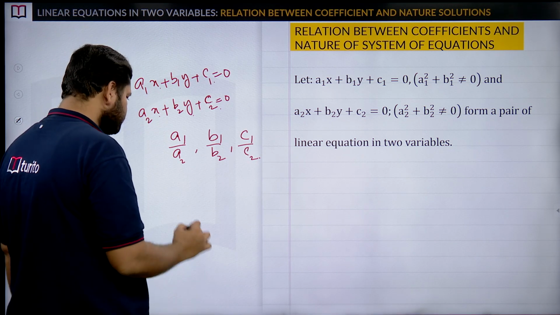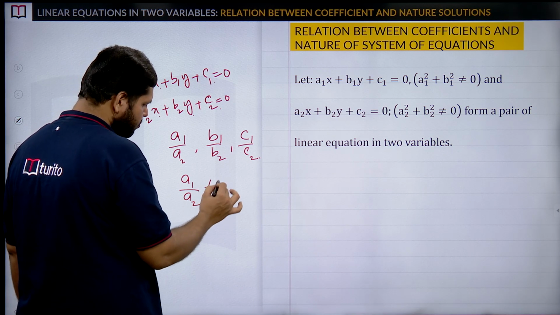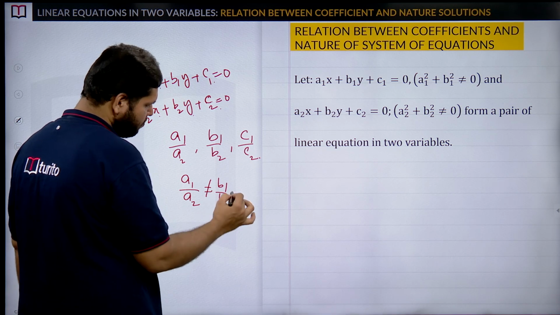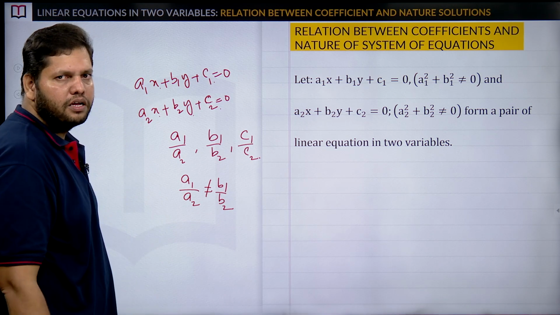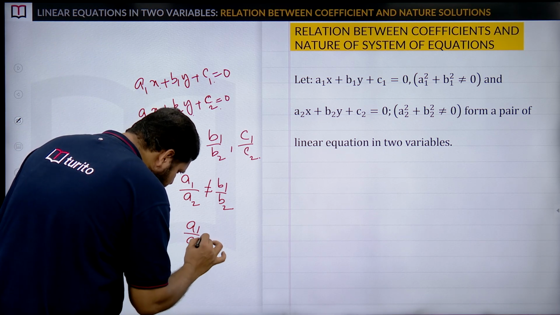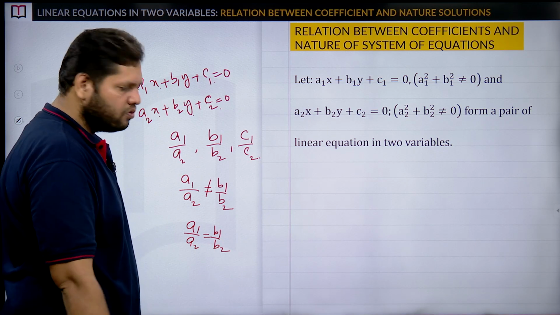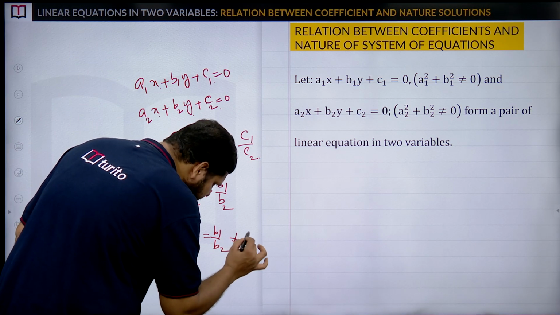Now what I am doing? First I am comparing all the coefficients. Suppose I get a1 by a2 not equal to b1 by b2. The second comparison is a1 by a2 equal to b1 by b2 and not equal to c1 by c2.